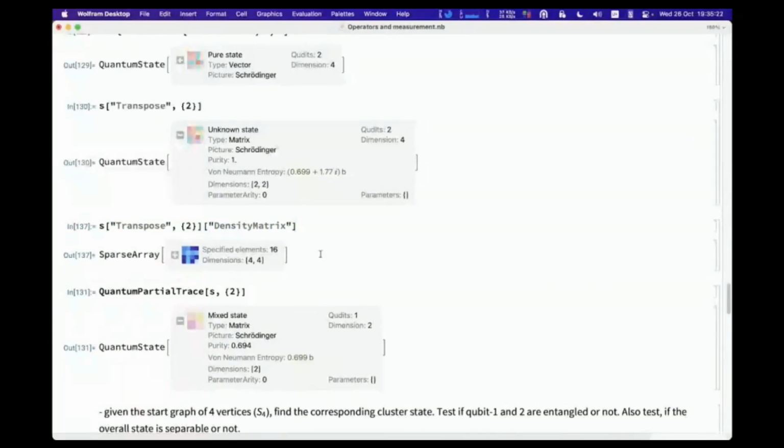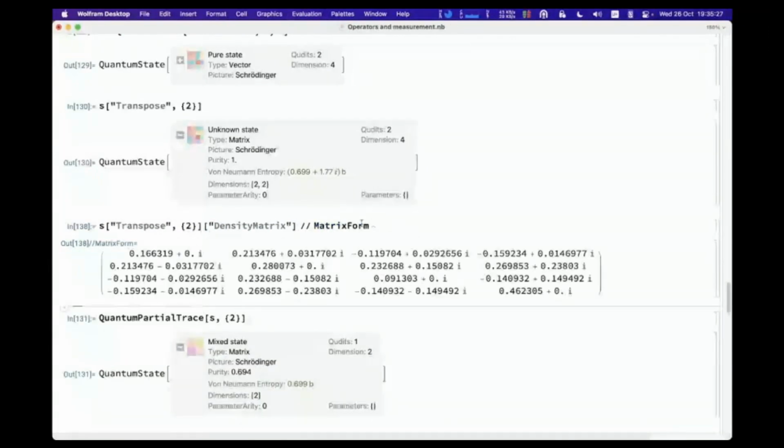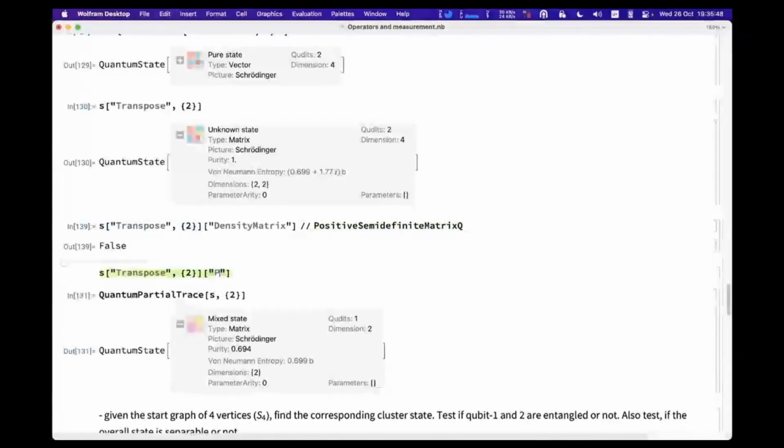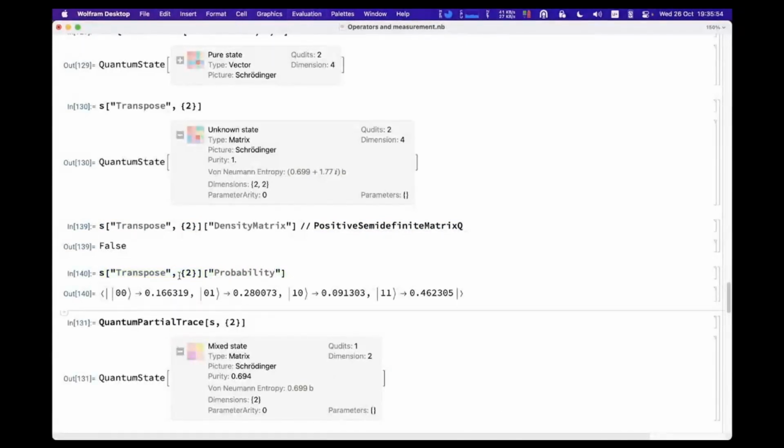It's not what we call positive semi-definite. So you see, it's not positive semi-definite, so it doesn't represent an actual quantum state, and that's why the entropy is complex. Yeah, maybe if you ask for probability, probabilities actually can be normal, which is interesting.